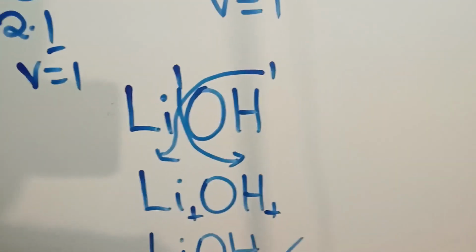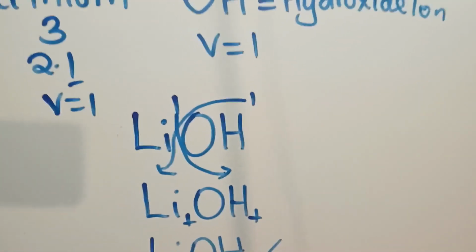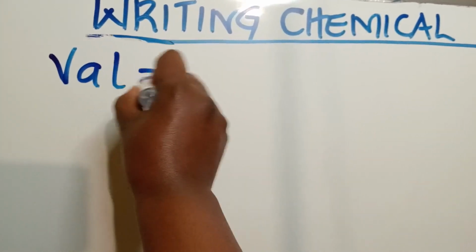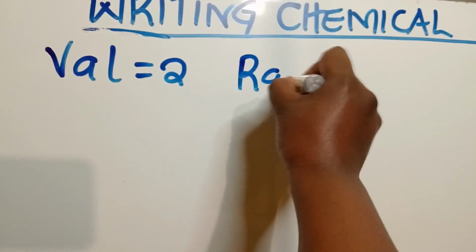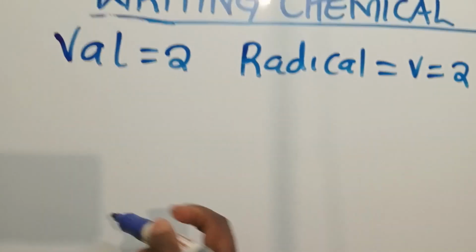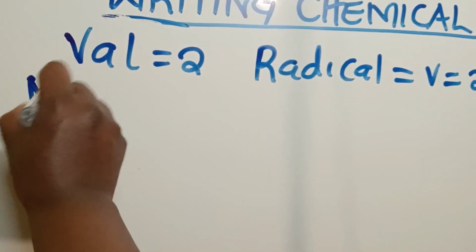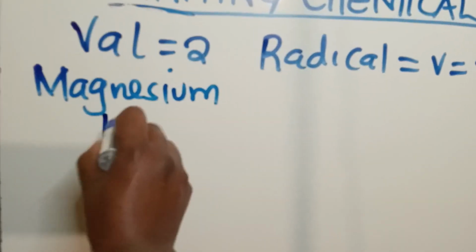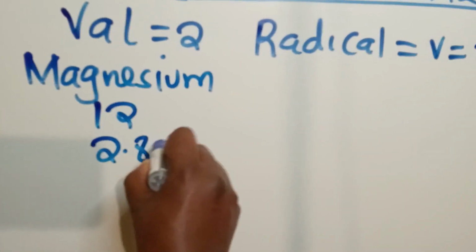Then from there we got to an element with valency of 2 and a radical with valency of 2 as well. So in this case we use magnesium, atomic number 12, 2.8.2.